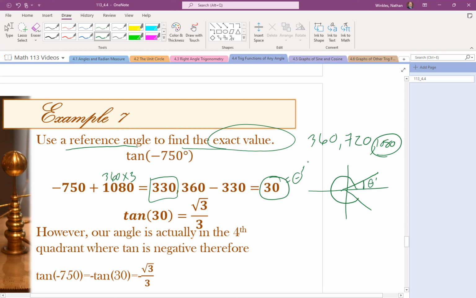Now, our original angle was negative 750 degrees. So negative 750 looks like this right here. Negative 360, negative 720, negative 750.